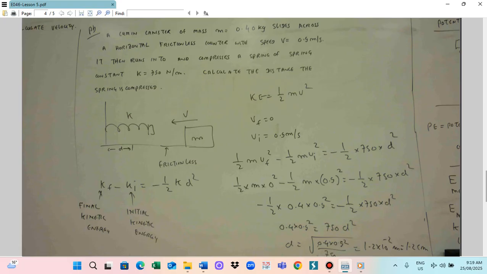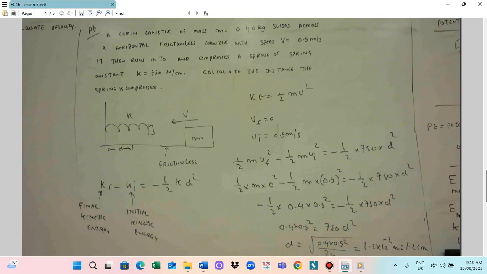So we can calculate kinetic energy. The formula is KE is equal to half into m into v squared. This is the kinetic energy equation. The final velocity Vf is 0. The initial velocity Vi is 0.5 meter per second.